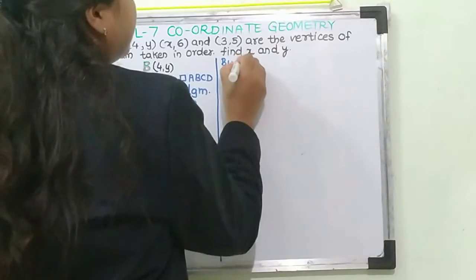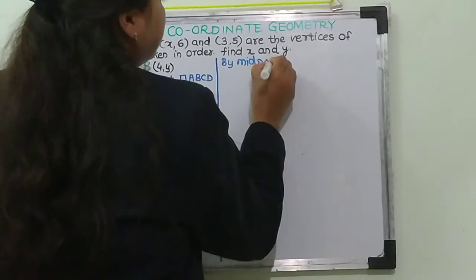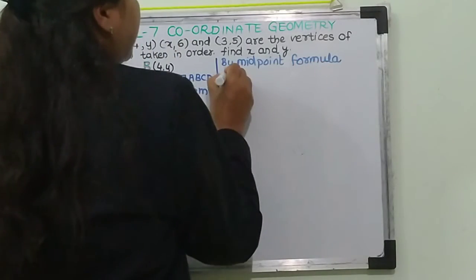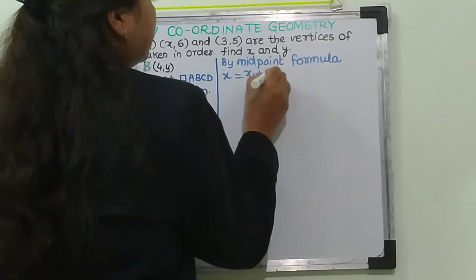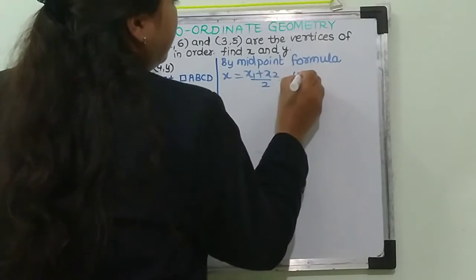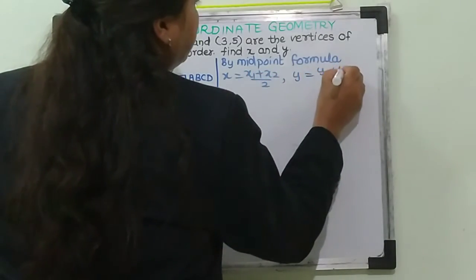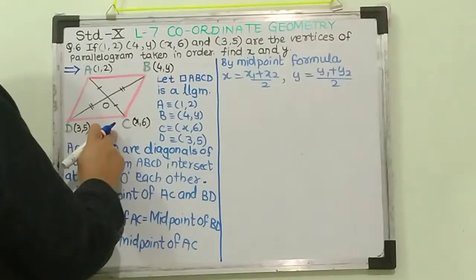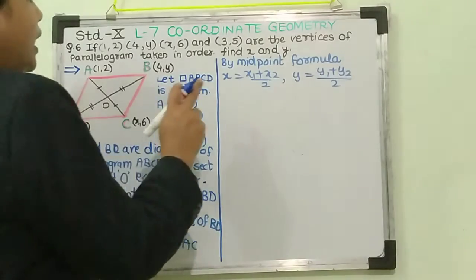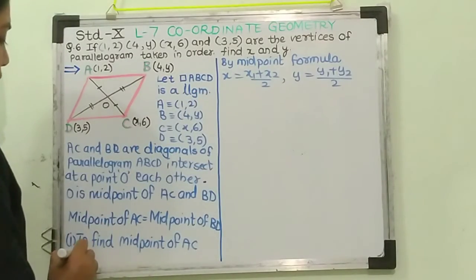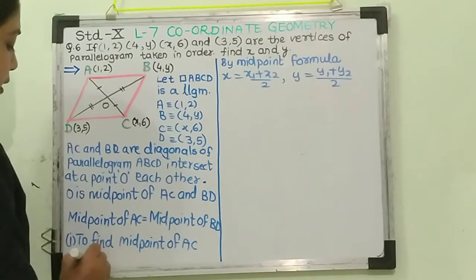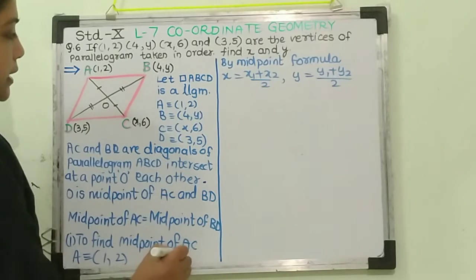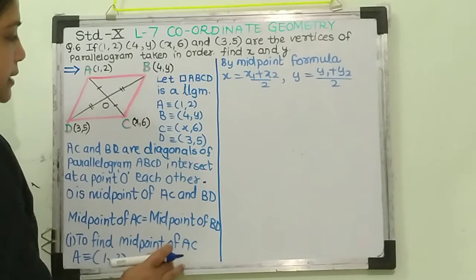By the midpoint formula we get x equals x1 plus x2 upon 2 and y equals y1 plus y2 upon 2. So here for AC, x1 and y1 are, see here, A's coordinates, we know that (1, 2), and C's coordinates, that is (x, 6).